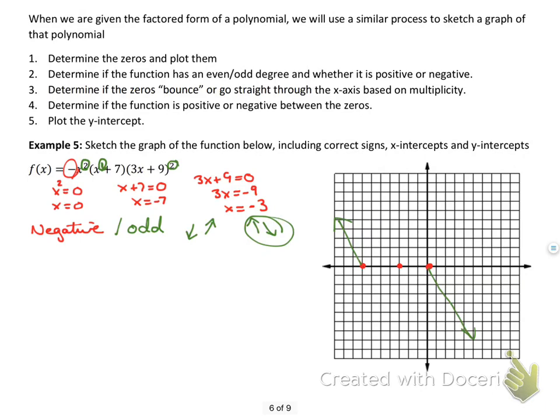It's going to bounce at 0 and at negative 3, and it's going to go through at negative 7. So it's going through, bounce, bounce, and that's kind of what it would look like. Something like that. This is just a sketch. We're just trying our best. And that's what you're doing today.